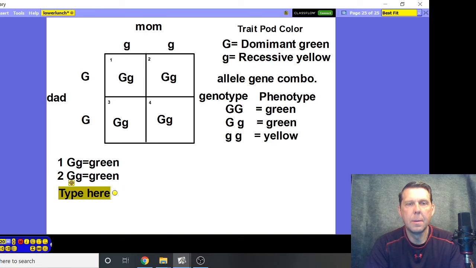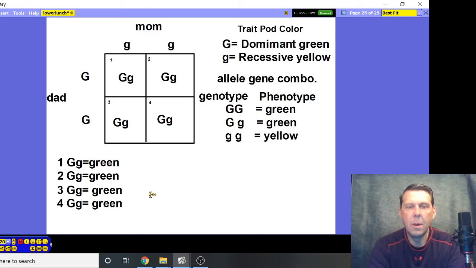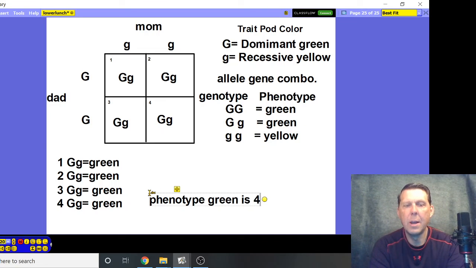Block 3, capital G, lowercase g. It's going to be green. Block 4, the genotype, capital G, lowercase g. Phenotype, green. So the probability of having a phenotype of green is 4 out of 4 or 100%.